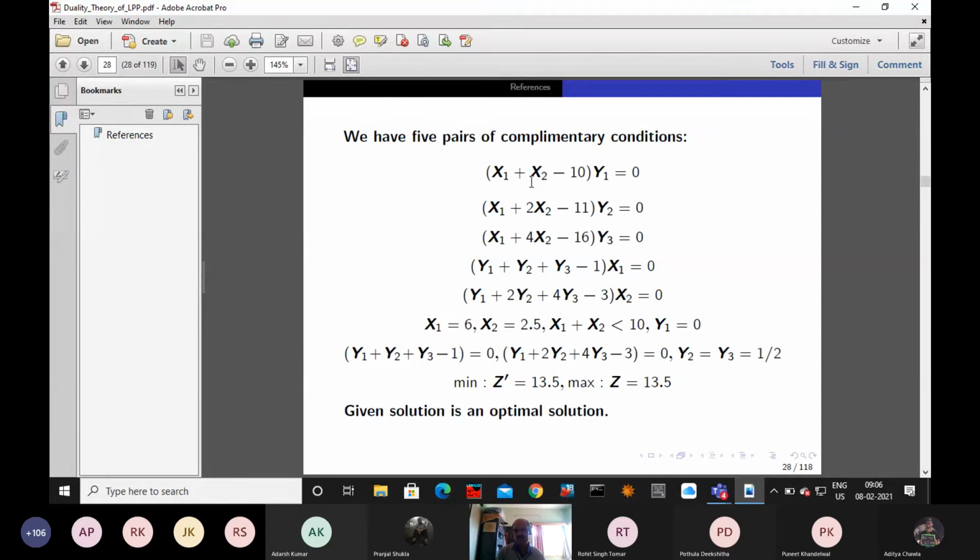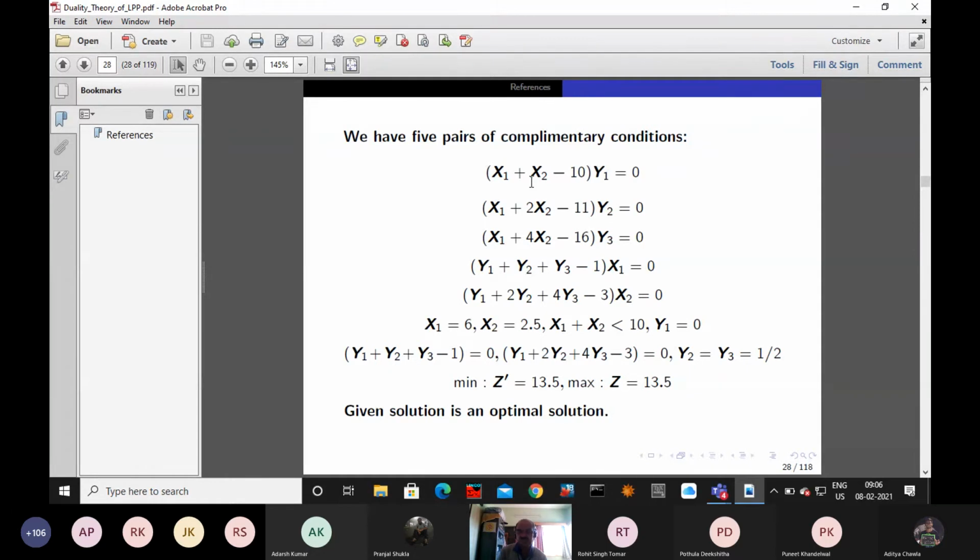Both can also be 0 sometimes, but here only one of them is 0. So x1, x2, the two variables, their values are 6 and 2.5. When you substitute, it is feasible, but the optimality condition is not fulfilling for now.